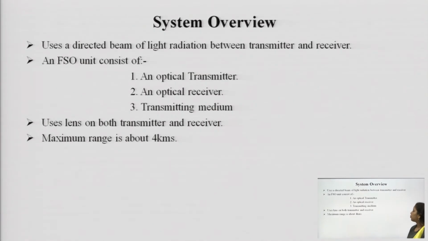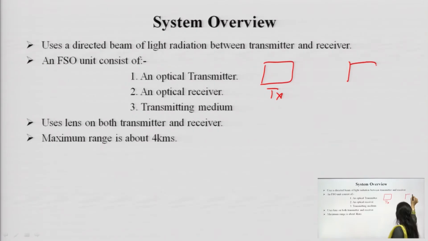So just have a system overview. Use a directed beam of radiation between the transmitter and the receiver. So already told you that here exists a transmitter and the receiver, but previously in between the transmitter and the receiver we have an optical fiber, but in the free space optics, in between transmitter and the receiver, there is a directed beam of light radiation.